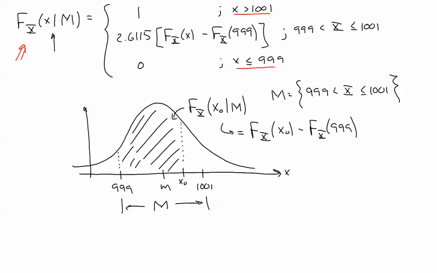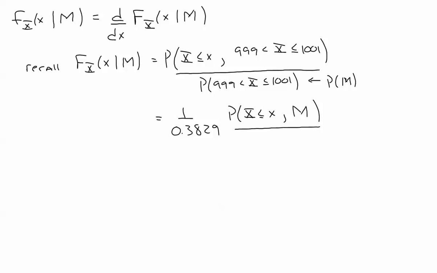So if I know that I'm in this particular range, between 999 and 1001 millimeters, I end up with the cumulative distribution function evaluated at x minus the cumulative distribution function evaluated at 999. I also need to multiply times this 2.615 value because of what we had on my previous page.